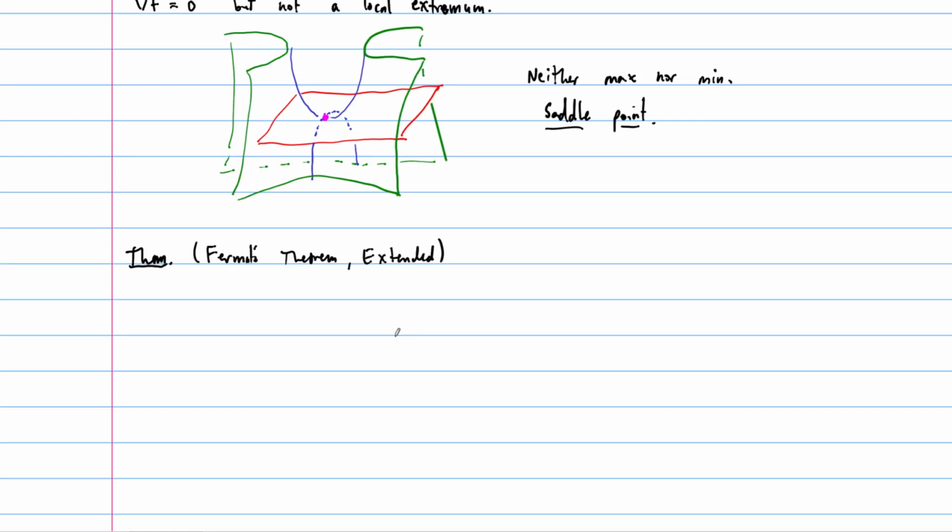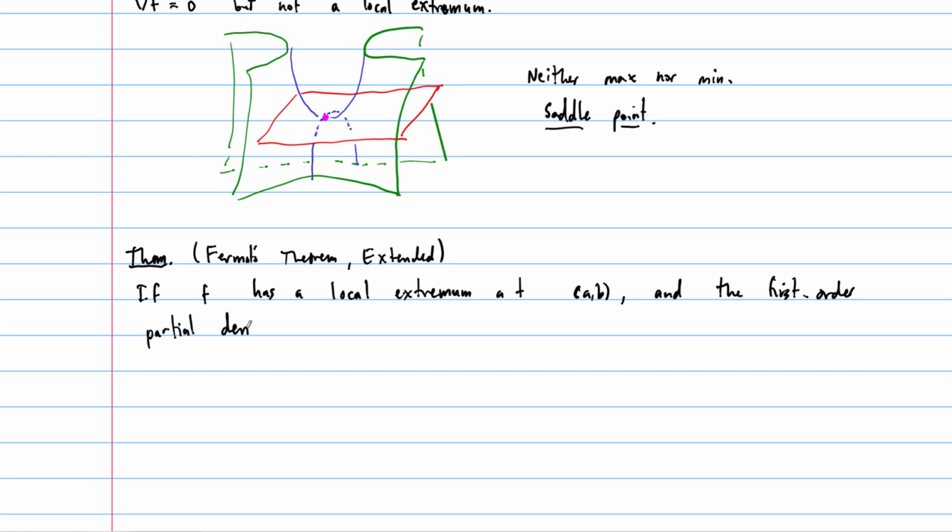It says if f has a local extremum at a point (a, b), and the first order partial derivatives exist at this point, then what's got to be true about them?